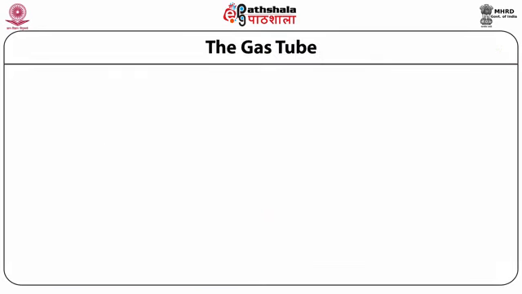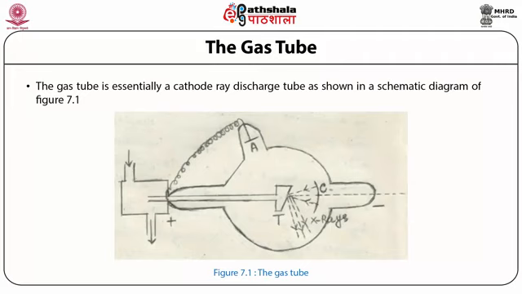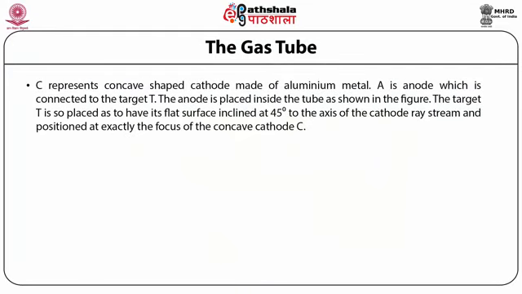The gas tube. The gas tube is essentially a cathode ray discharge tube, as shown in the schematic diagram of figure 7.1. C represents a concave-shaped cathode made of aluminum metal.